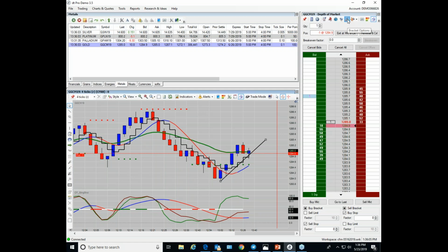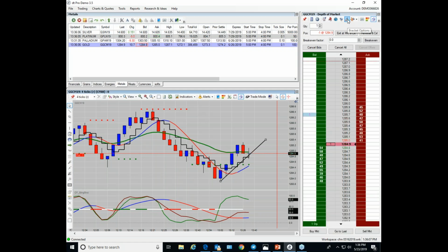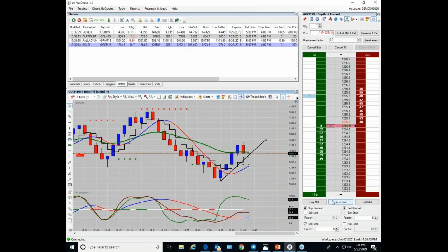See this Tinker Toy triangle up here? Notice how I left click. Note the bottom of the DOM, right? Watch this. The bottom of the DOM opens up, correct? If you select buy stop and sell stop, like I did here, you get a little check mark, and you right click over it, factor in ticks, and right click over this one, factor in ticks.